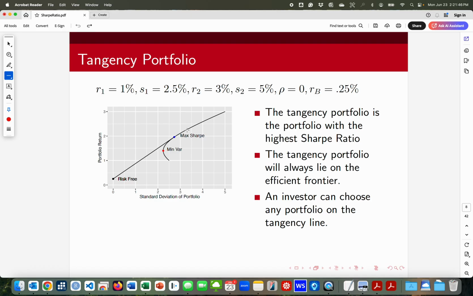We're not going to go above it because those portfolios have a lower Sharpe ratio. We're not going to go below it because those have a lower Sharpe ratio. So the only thing that's relevant right now would be the portfolios that fall just on that line right there. This dark line right now represents the different combinations of return and standard deviation that the investor can choose.